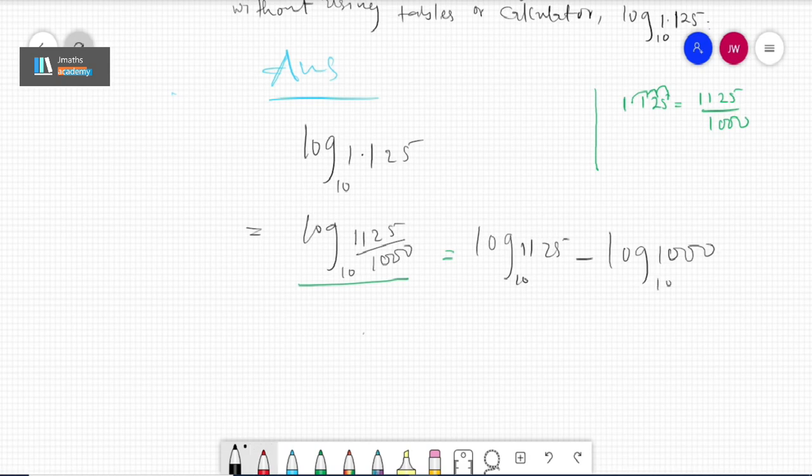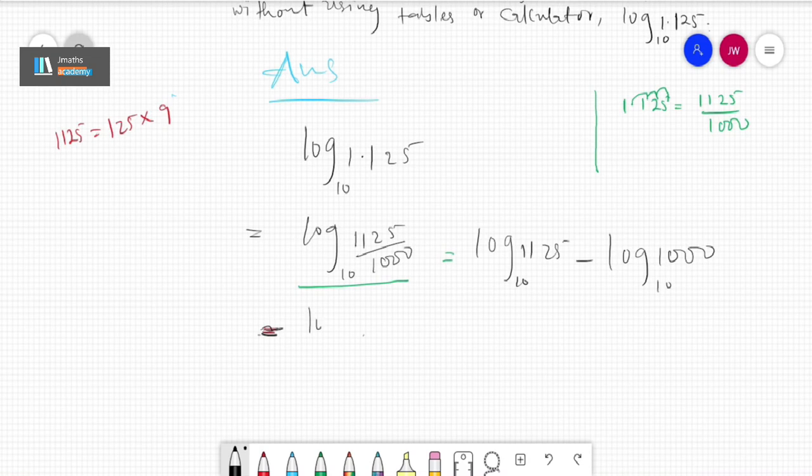Remember, or you can do the arithmetic yourself, that 1125 can still be simplified as 125 multiplied by 9. So this will further give us log of 125 multiplied by 9 base 10 minus log 1000 base 10. What I did was to substitute my value for this.